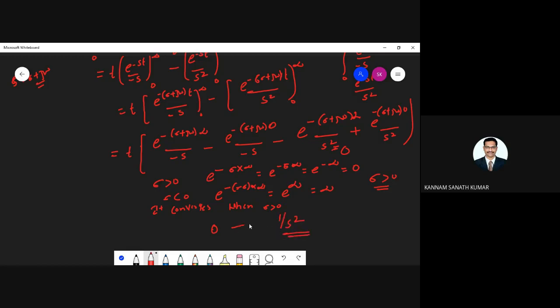Last class we have seen, no? ROC is nothing but the right half of the s plane. So that means the real part of s is greater than 0, that means sigma is greater than 0. So like this you have to find the Laplace transform of the given signal.